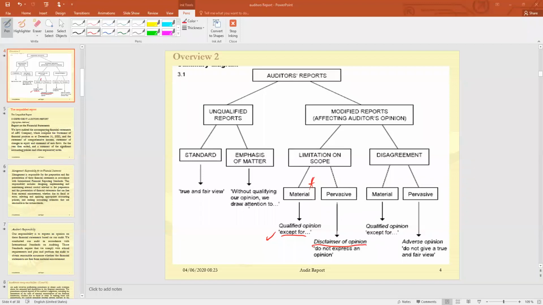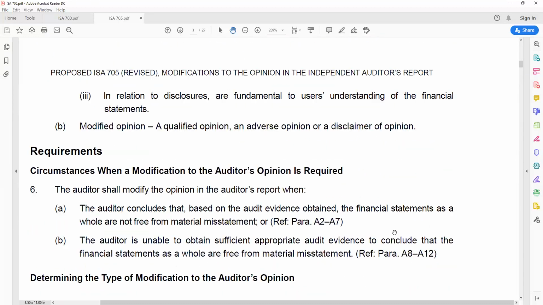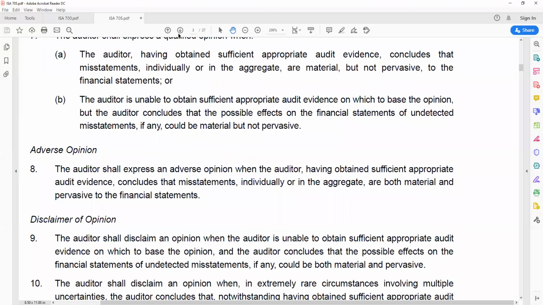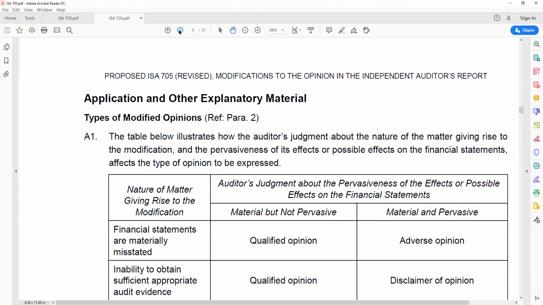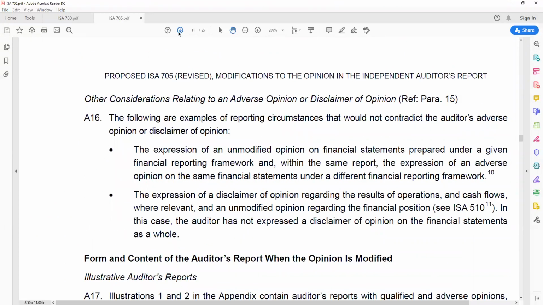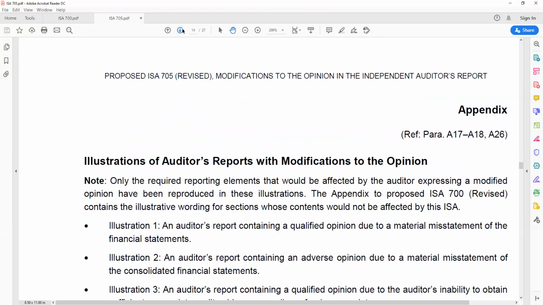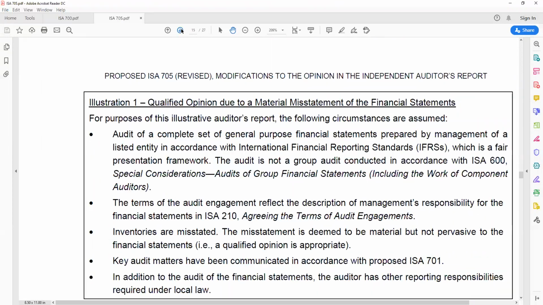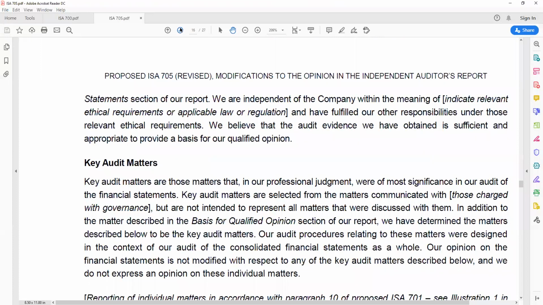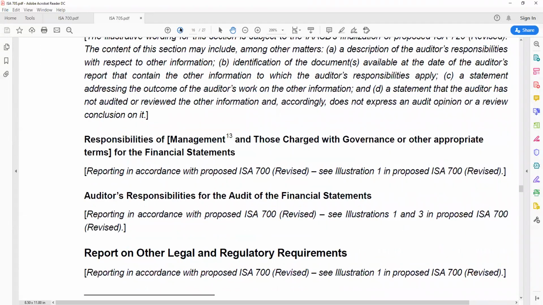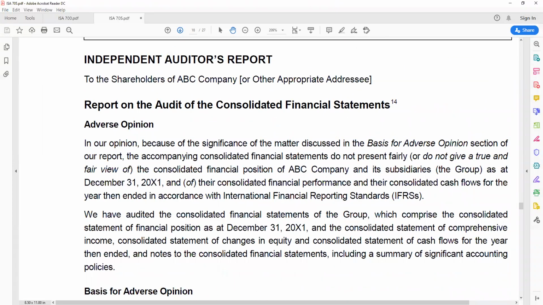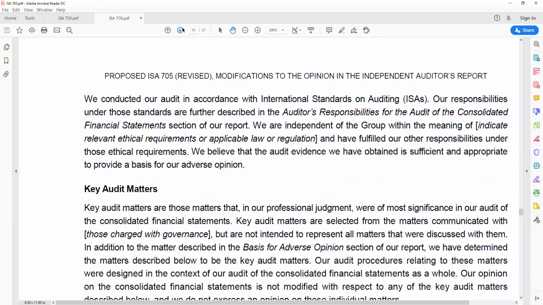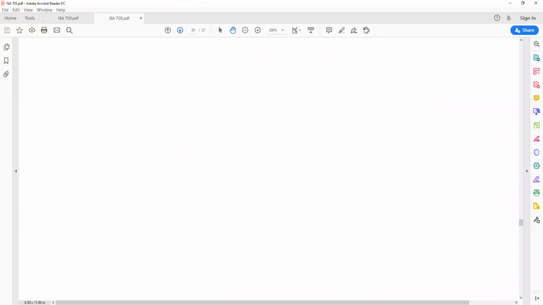So let me go back to ISA 705, sorry, to see how we draft the opinion. Let me check the disclaimer of opinion.